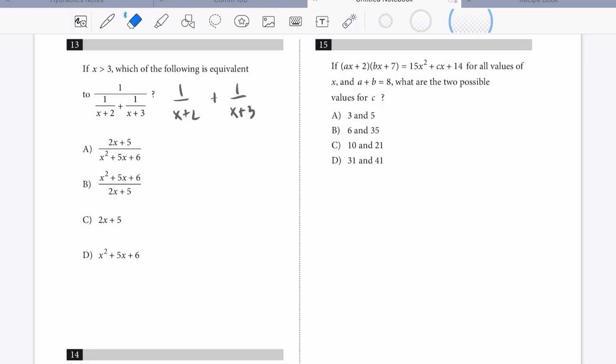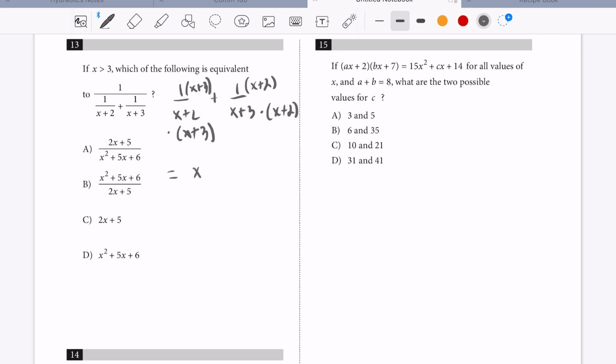And I'm going to go ahead and multiply each one by the other. So x plus 3, multiply x plus 2, and x plus 2 up here, x plus 3 up here. So that'll give us x plus 3 over x plus 2, x plus 3, and plus x plus 2 over x plus 3, x plus 2.